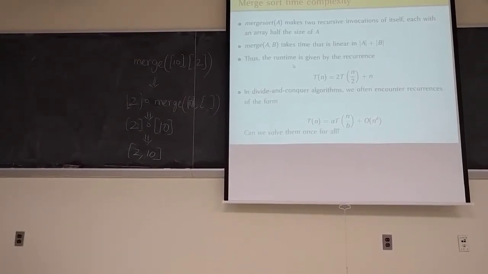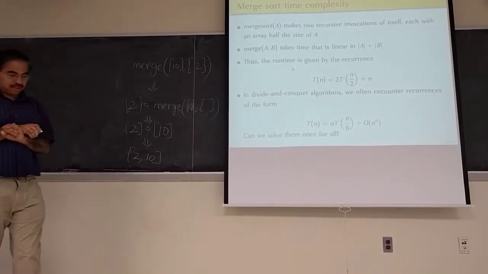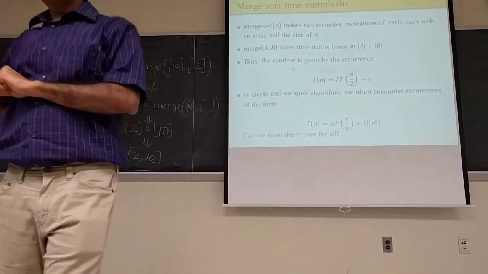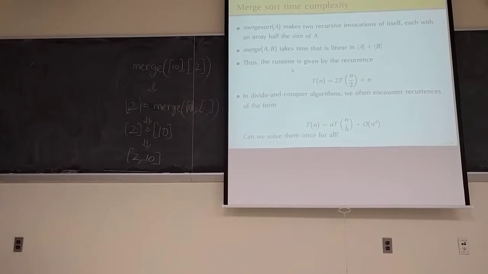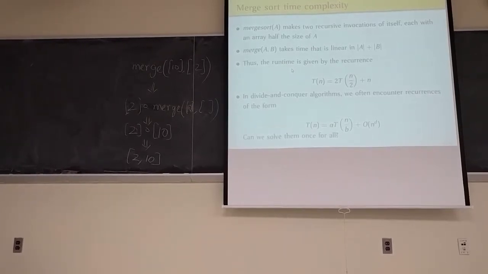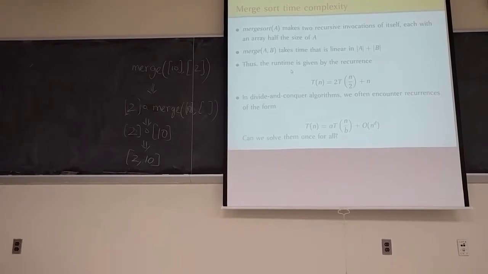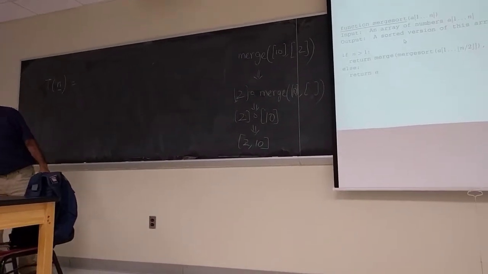the recurrence relation T of n, T of n standing for the time needed to sort an array of size n. So this T stands for time, and n stands for the size of the input. So T of n equals, you go back to the definition of merge sort.